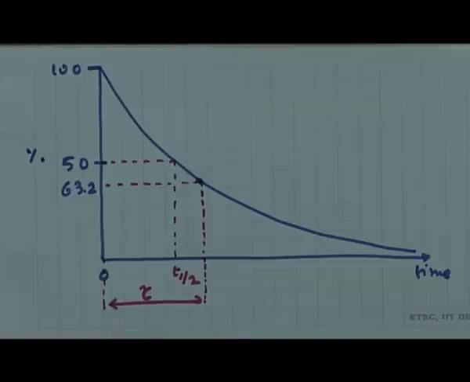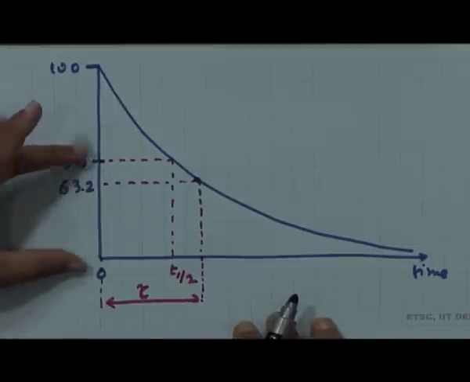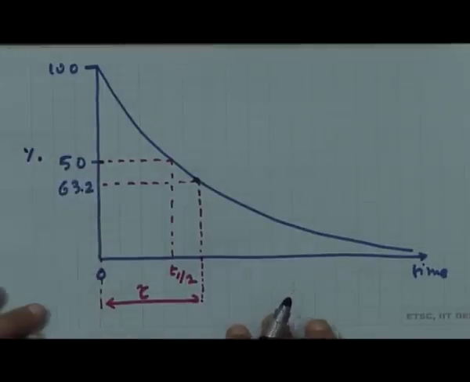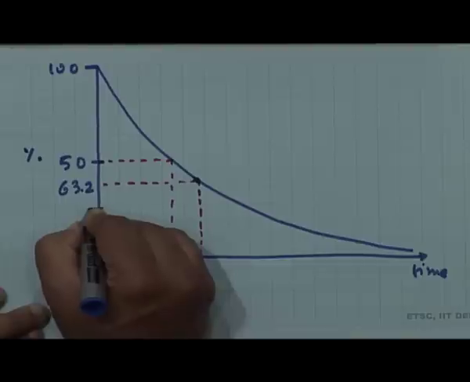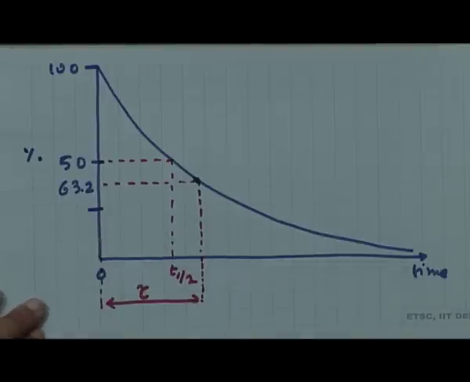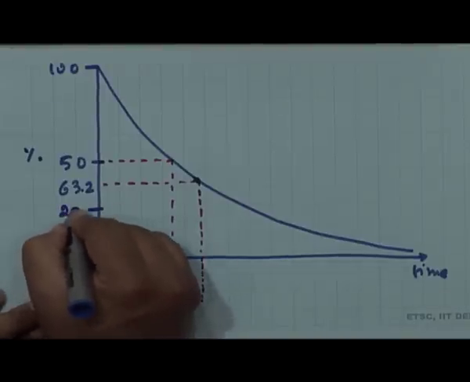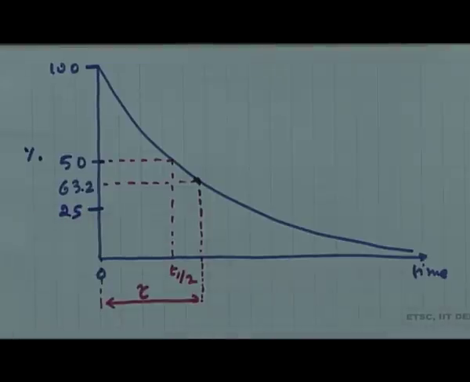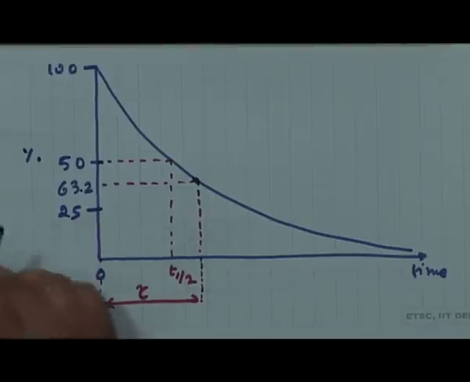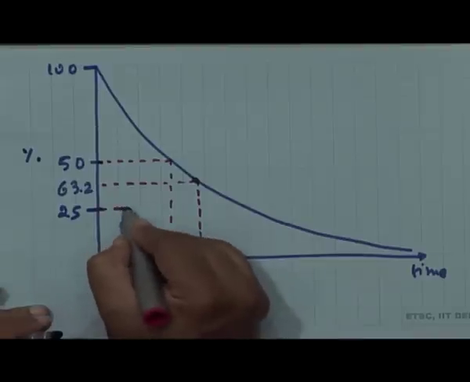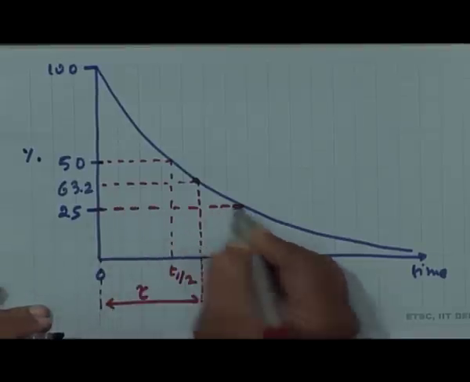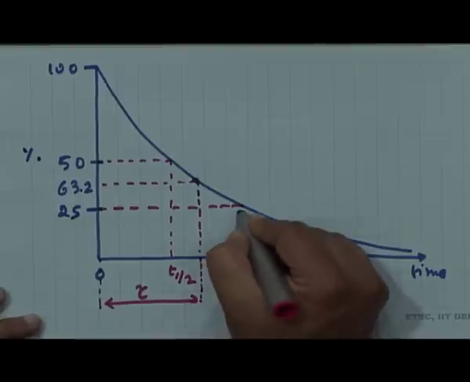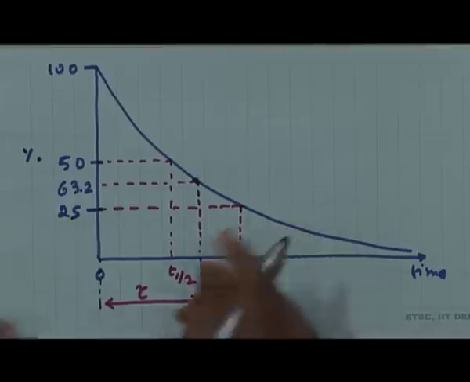From 50% I come down to another half somewhere here. That would be 25% for me. So, this would be the other T half for me.